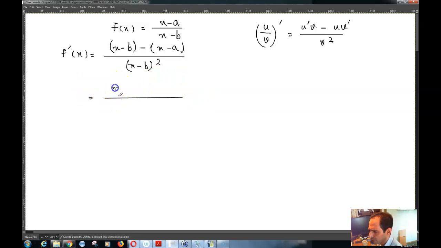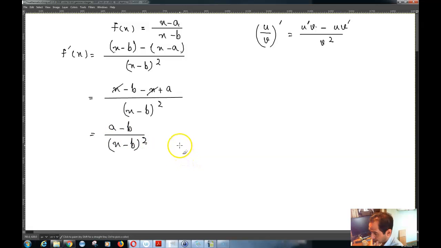So this is equal to x minus b minus x plus a over x minus b whole squared, which is equal to, you can cancel these two out, and you can write this as a minus b over x minus b whole squared. This is f prime of x.